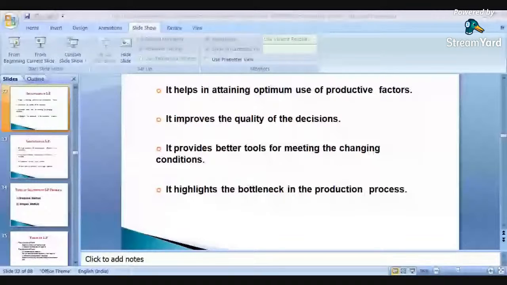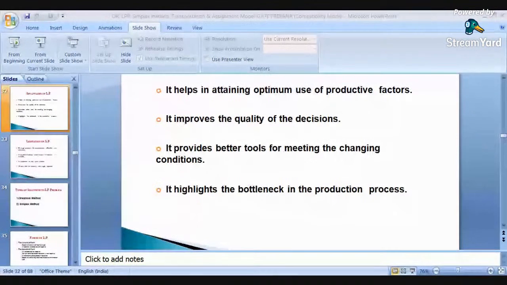A surplus variable is a non-negative variable subtracted from the left-hand side of the constraint to change the inequalities to equalities when the inequalities are of greater than or equal to type. It is also called the negative slack. The slack variable is a non-negative variable added to the left-hand side of the constraint to change the inequalities into equalities when the inequalities are of the type less than or equal to.